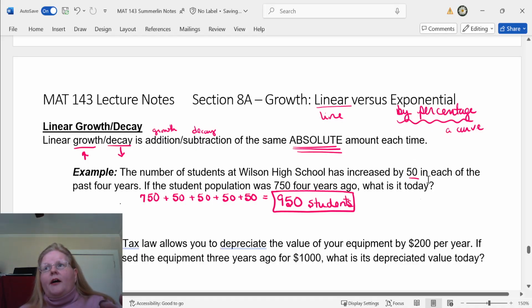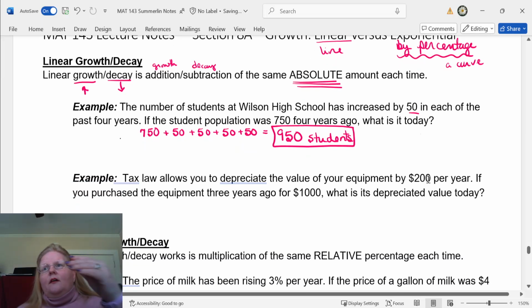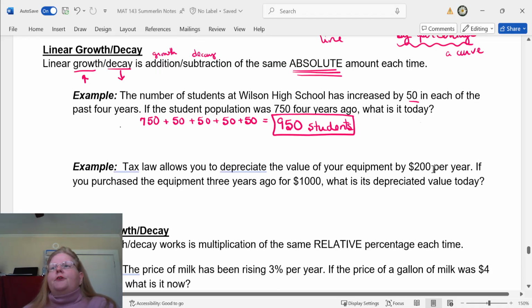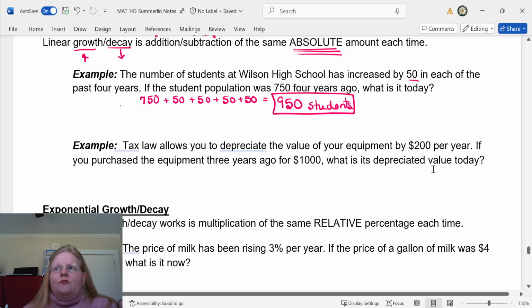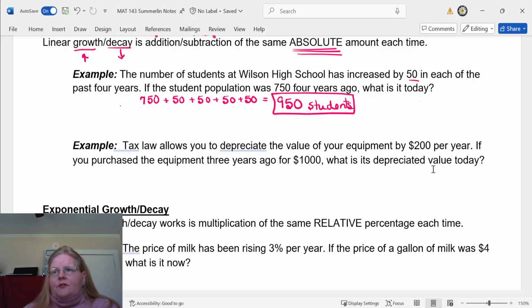And when we talk about the decreasing, it says the tax law allows you to depreciate the value of your equipment by $200 per year if you purchased the equipment 3 years ago for $1,000. What is its depreciated value today? So we're depreciating it, which means it's going down. Since it's going down, we have to start with what it was before.